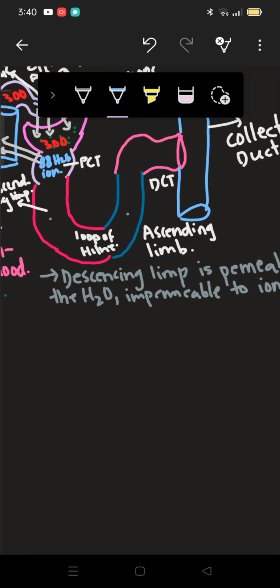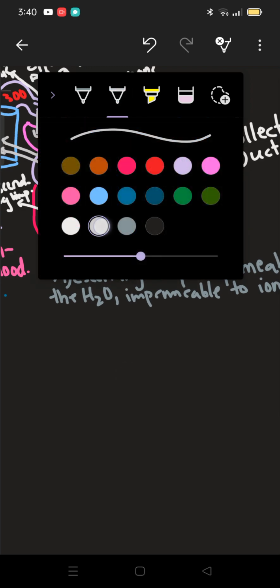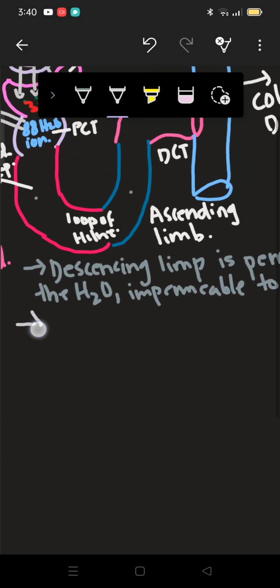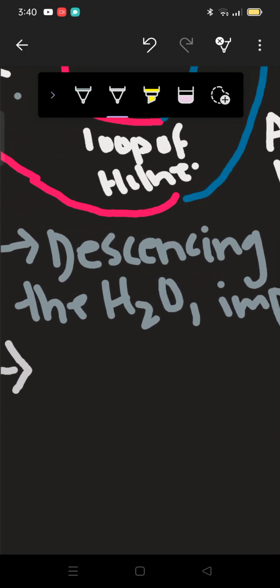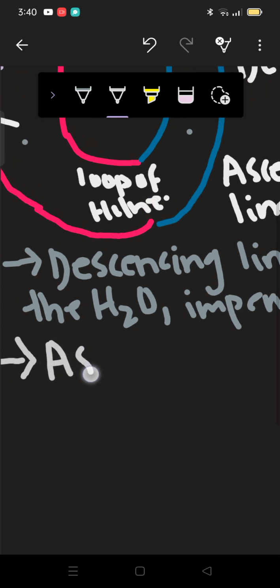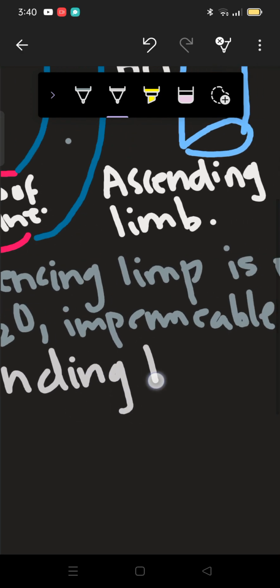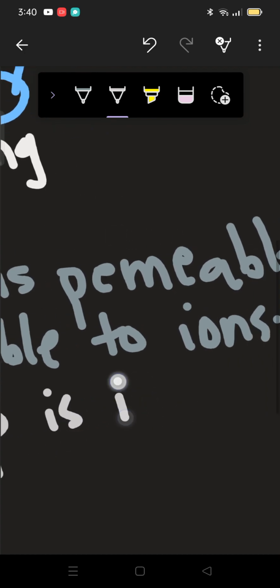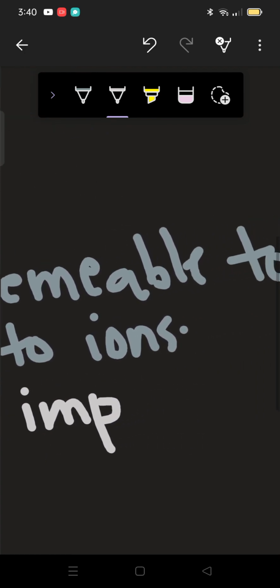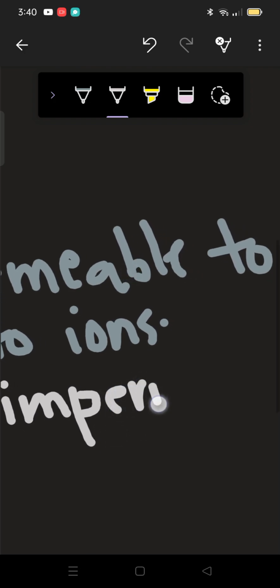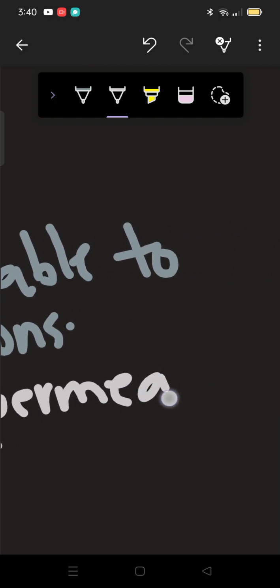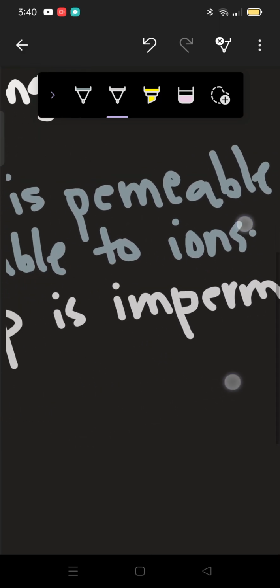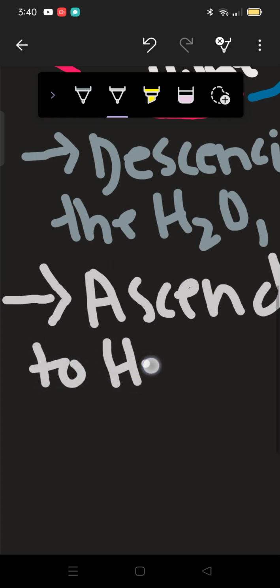So I should write this with another color. The ascending limb is impermeable to the water and permeable to ions.